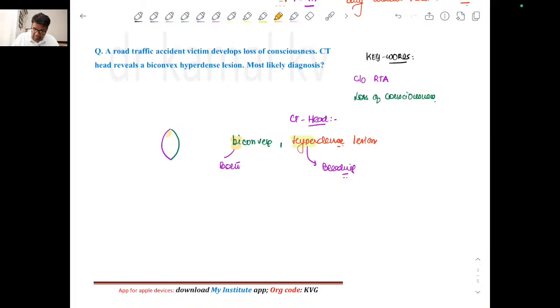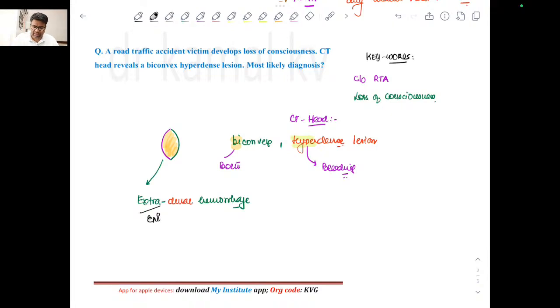So if you have this kind of opacity or hyperdense lesion on CT head after road traffic accident, this is more suggestive of extradural hemorrhage. Clear? Now it is also known as epidural hemorrhage.